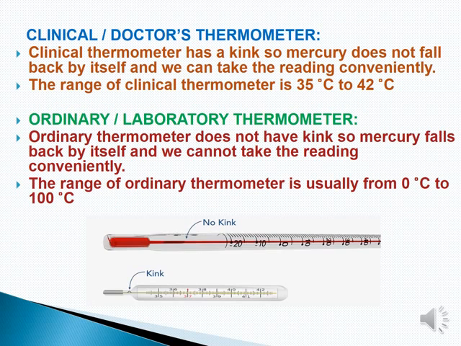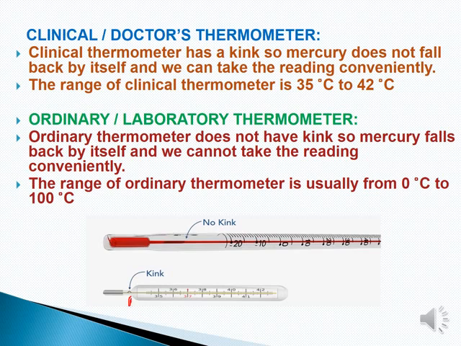Clinical or doctor's thermometer. Students, this kind of thermometer is used to measure the human body temperature. The clinical thermometer has a kink, so mercury does not fall back by itself and we can take the reading conveniently. The second picture is of the clinical or doctor's thermometer. Now you can observe this kink.